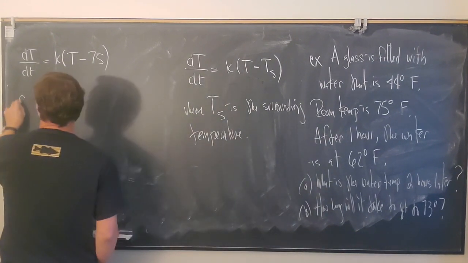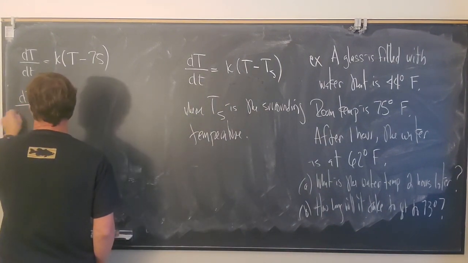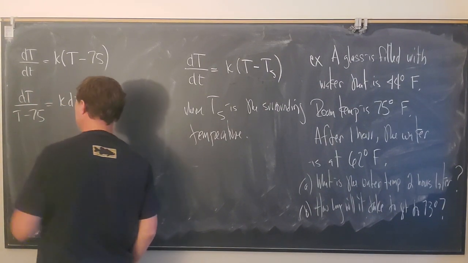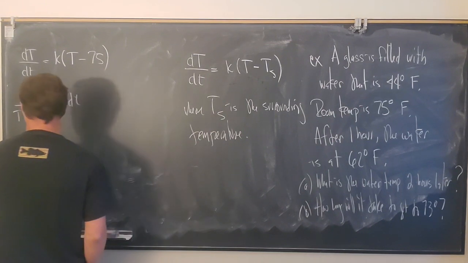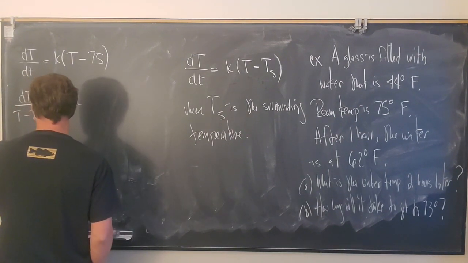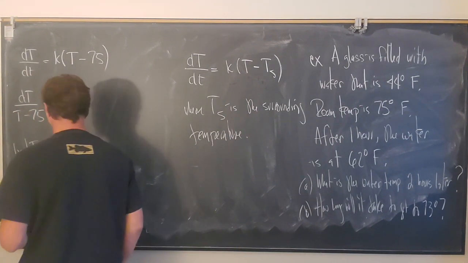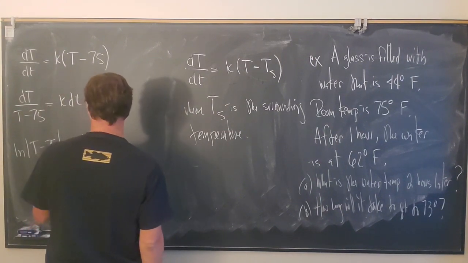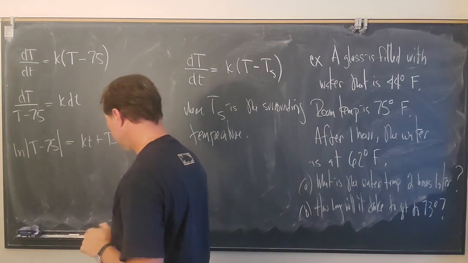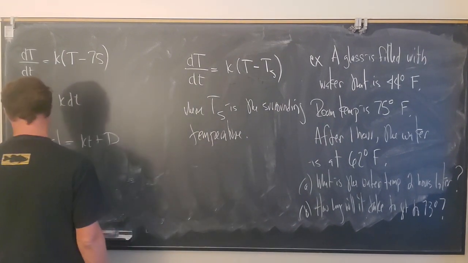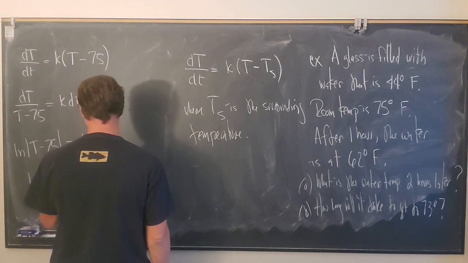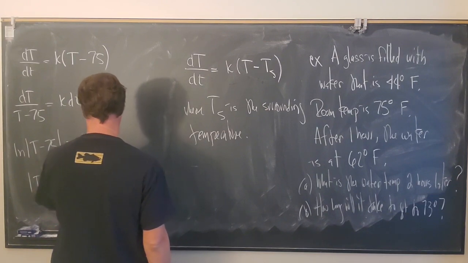So what we have is dT over T minus 75 equals k dt, which means natural log, absolute value, T minus 75 is equal to kt plus some constant. Then, as we've seen before, T minus 75 equals Ce to the kt.